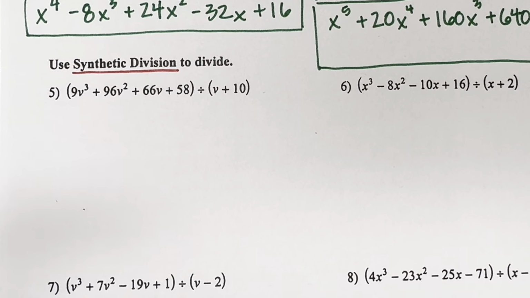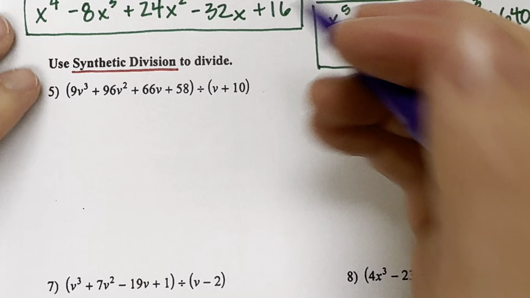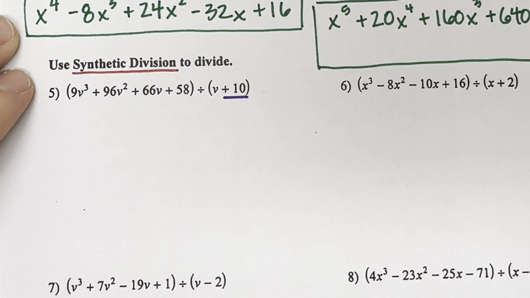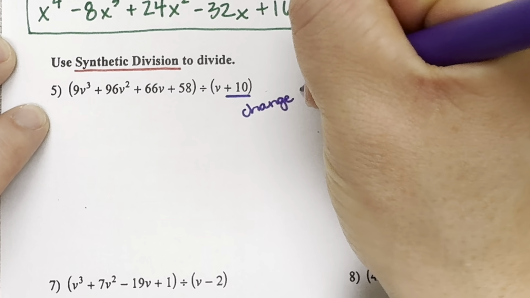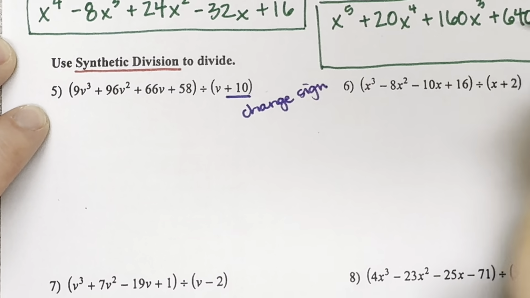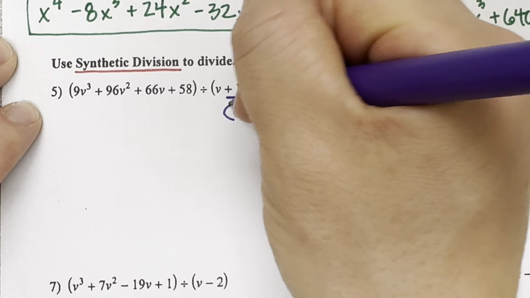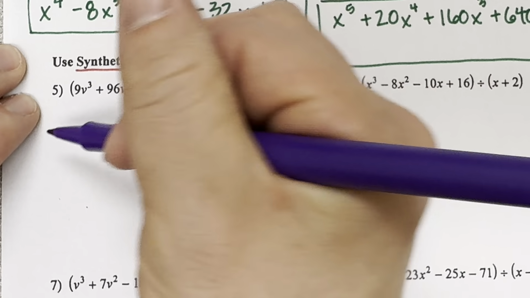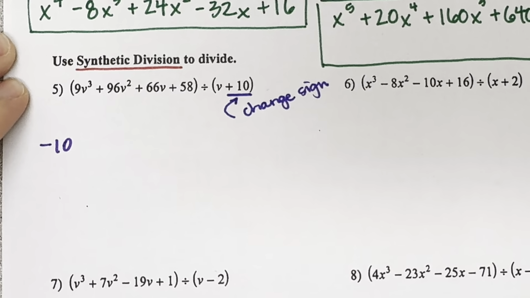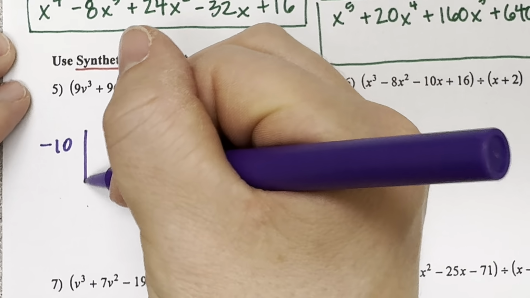The next thing we had to remember was that with the second term in our binomial, what's being divided, you have to change the sign. I'm going to remind myself to change the sign on that second term. In other words, this positive 10 is going to turn into negative 10 on the outside.